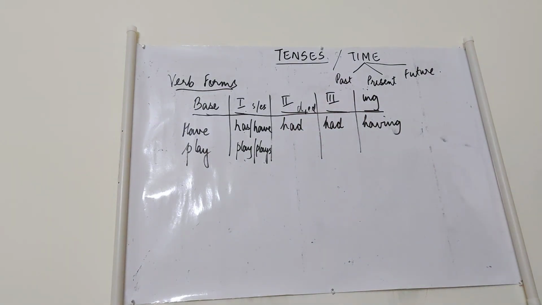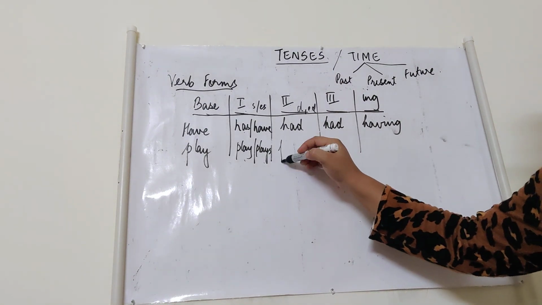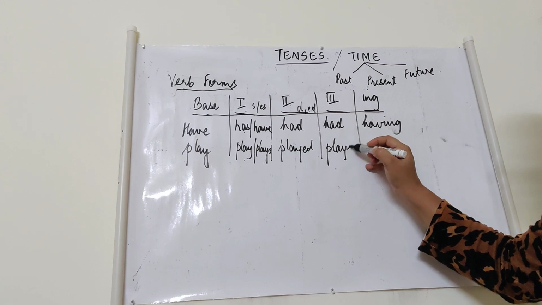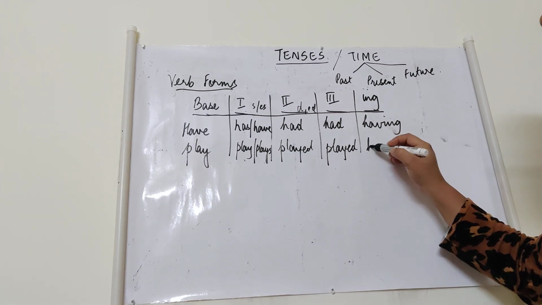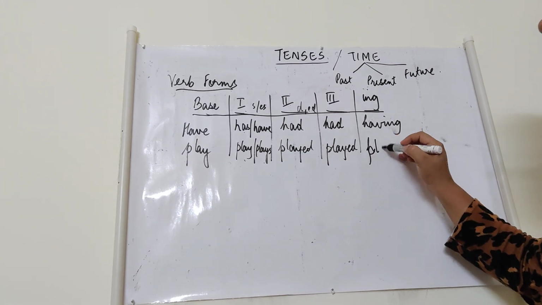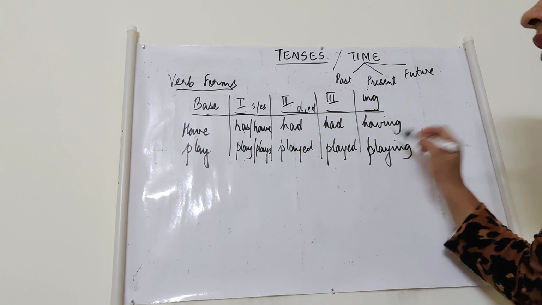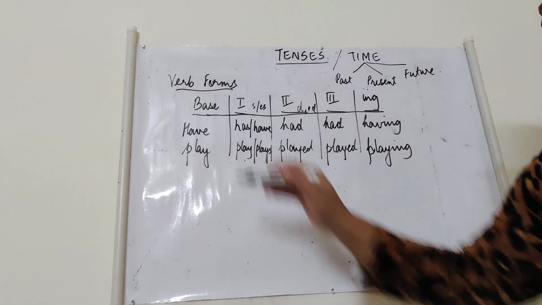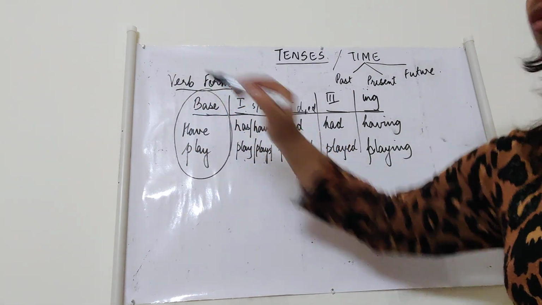Okay, then the second form of the verb play is played. The third form is played again. Okay, and the ing form is playing. Now, why am I telling you the different verb forms? Because it is very, very essential for us to understand these forms so as to form sentences in correct tense.